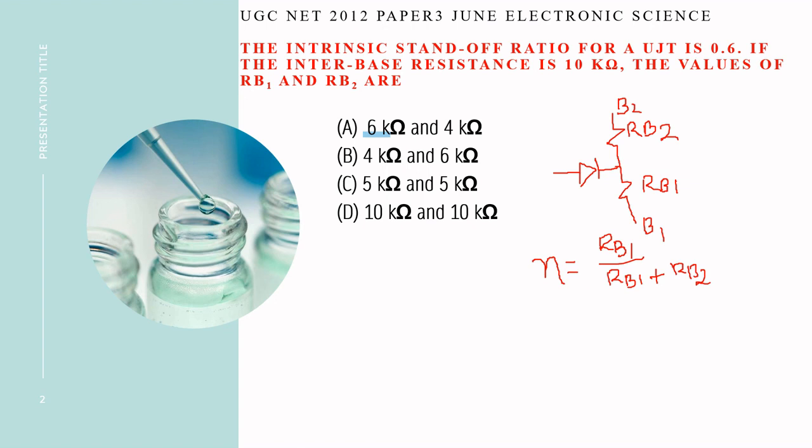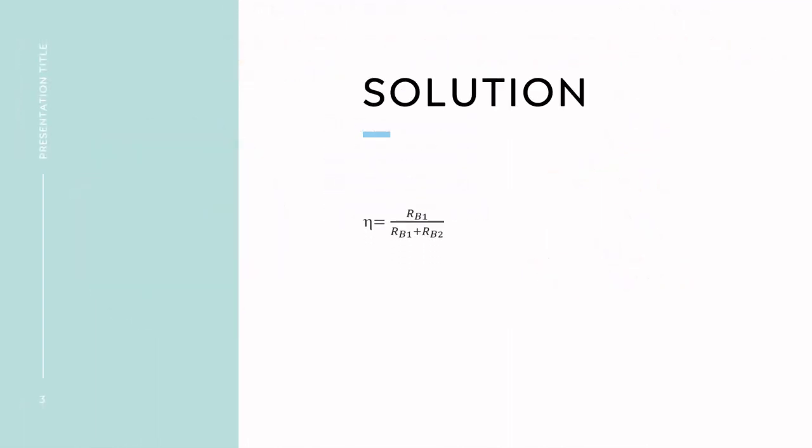So let's see the solution. First, from the basic concept of the unipolar junction transistor, eta equals RB1 divided by RB1 plus RB2.